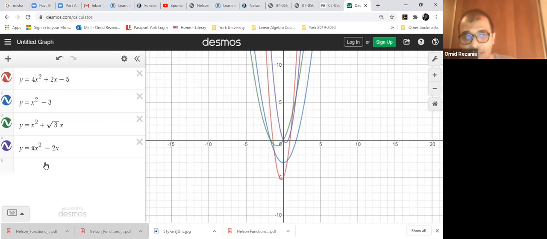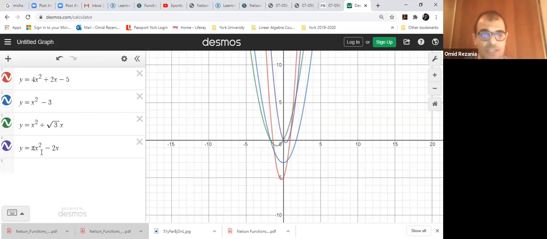First of all, all of them are quadratic functions, or polynomial functions of degree 2. It's 2, it's 2, it's 2, it's 2. That's the first thing which all of these 4 functions have in common.